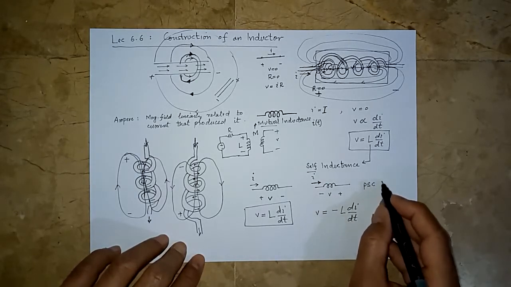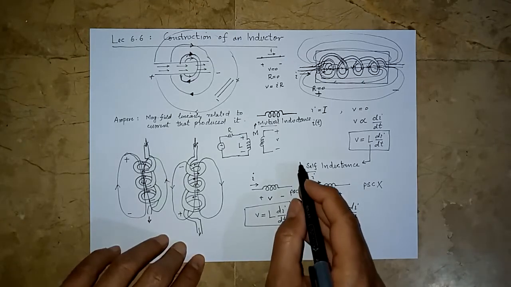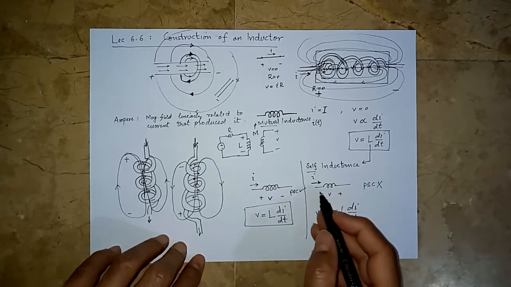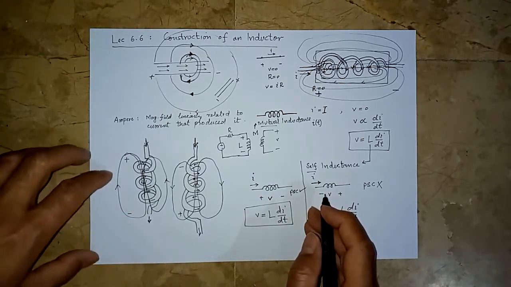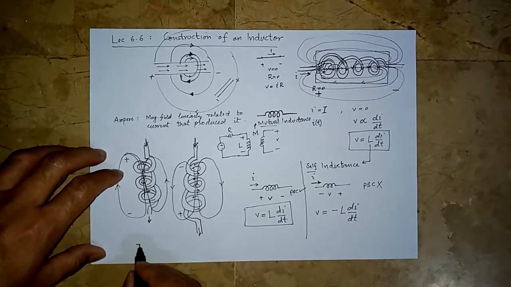So: passive sign convention not fulfilled, passive sign convention fulfilled. Lucky for us, for the case of circuit analysis, we now have three elements, and for each of the elements the passive sign convention holds.